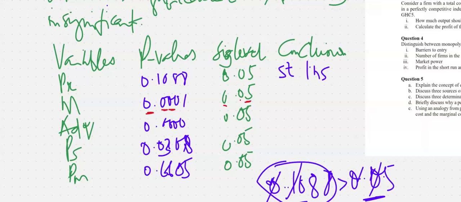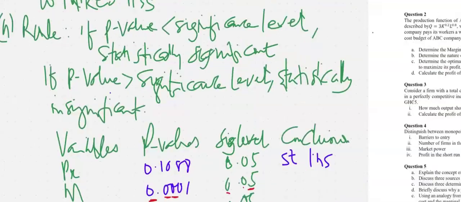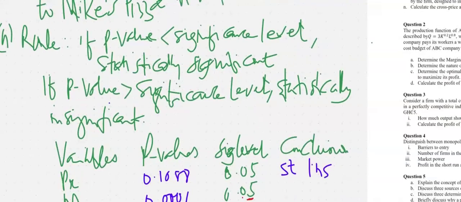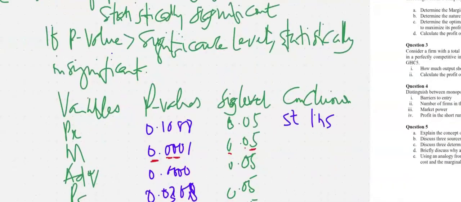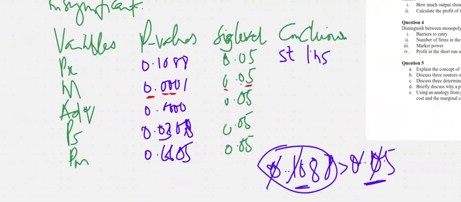The first rule says p-value is less than significance level. So statistically significant. Because the variable m has a p-value less than significance level, we say statistically significant. Are you getting it?